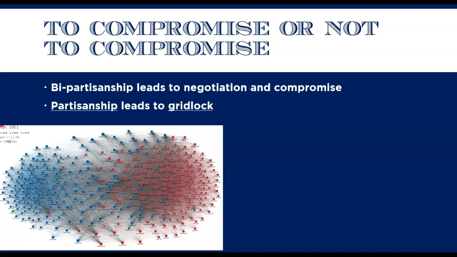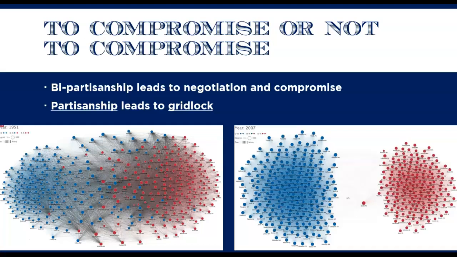One way or the other, they work with each other. And then when you have partisanship, they basically stick along party lines. We're not going to jump across to the other side. We're going to do what benefits our party. Things tend to only work out for the majority party, or things get gridlocked and nothing really gets passed. We've moved a lot towards partisanship over the last several years.